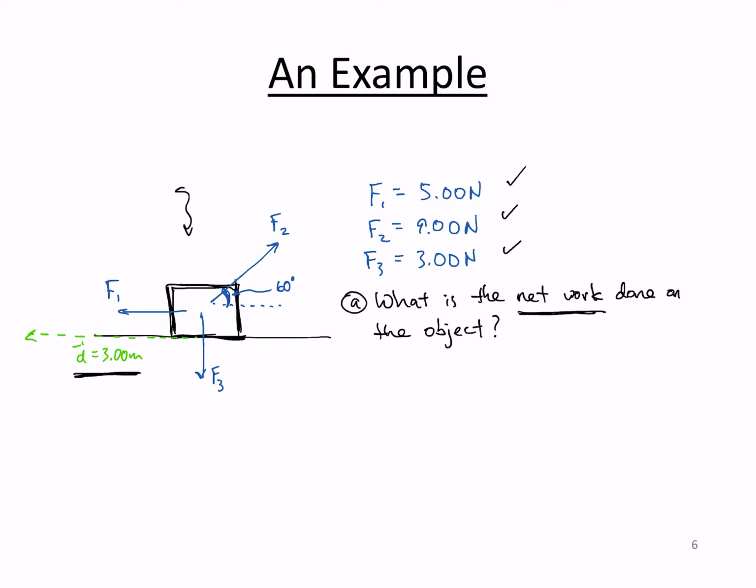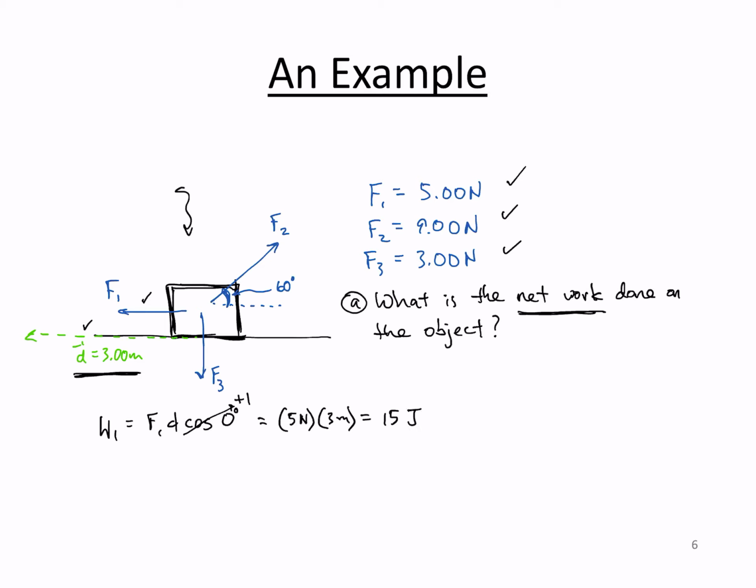So here we go. Work 1 is going to be F1 times d times the cosine of the angle between those two vectors. Looking up here, we see F1 right here, and we're moving to the right. So the angle between those two things is 0 degrees. This just goes to positive 1, and we're left to just multiply 5 newtons by 3 meters to give us 15 joules of work.